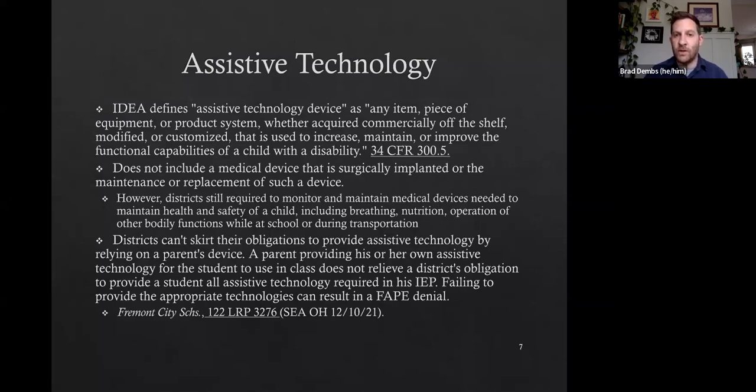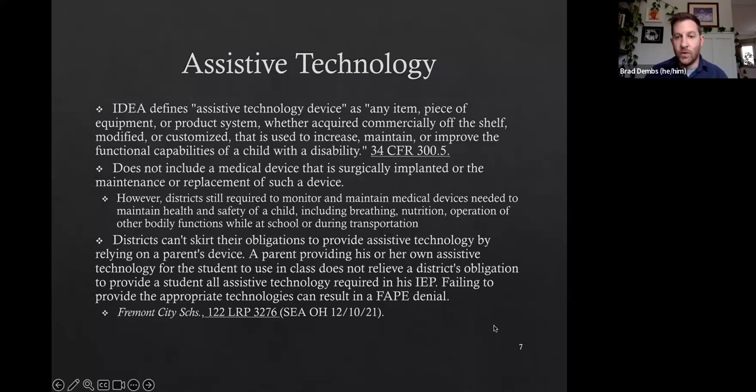So if a child has a stander that's required for them to be able to participate and move around the school, the school can't say, well, you have one at home, so we'll just use that one, and parents send it to school with your kid. The district has an obligation to provide their own assistive technology device for a student if it's required and in the IEP.